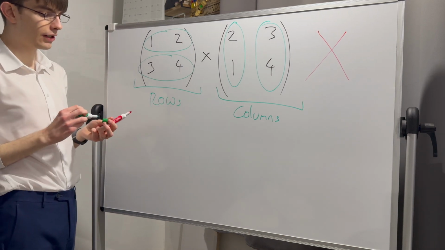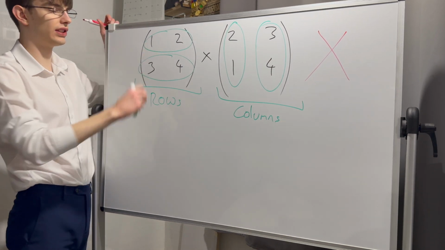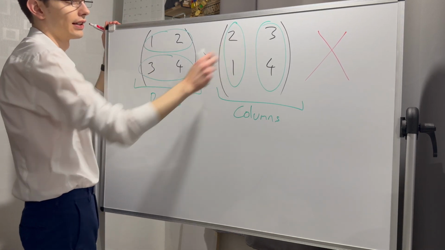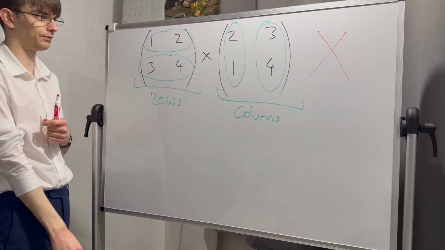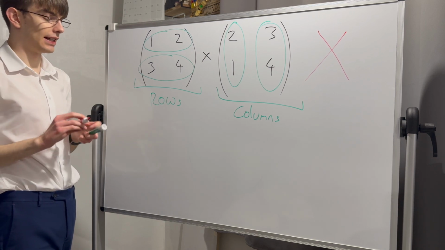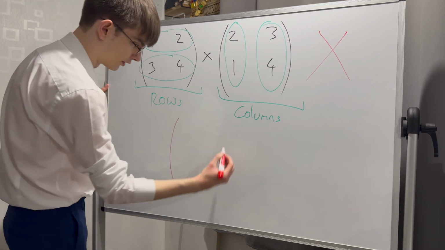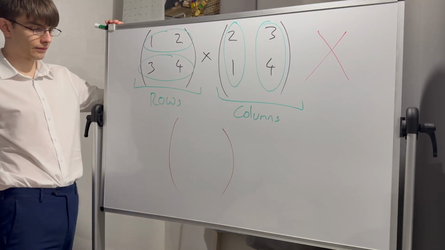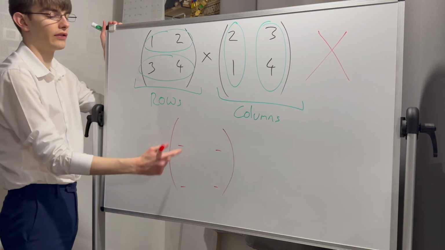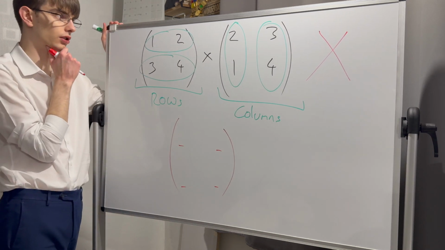So whenever we're doing matrix multiplication, we always want it to look like this. The left one has 2 rows, the right one has 2 columns. Now, this is going to be my answer matrix. I'm just leaving spaces here for numbers so we know where they go.